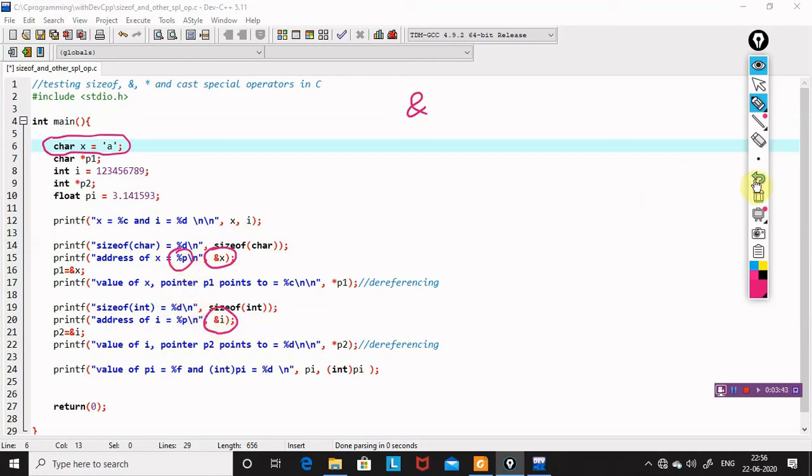Similarly, when we use the ampersand operator on i, now i is a variable which has been declared to belong to the int data type over here. The moment this is executed, usually 4 bytes or 32 bits of memory space is reserved.